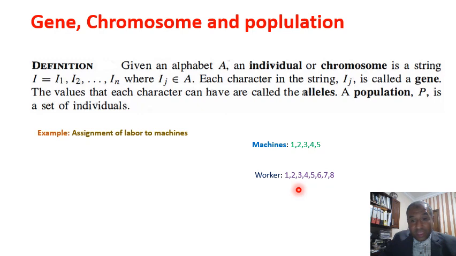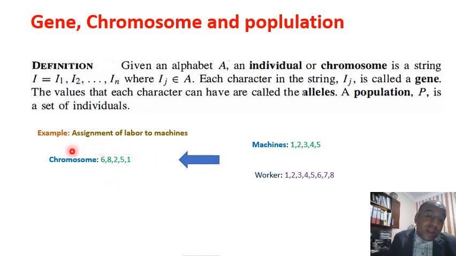As an example, one representation of a solution of assignment of workers to machines is this one, 6. This means that labor number 6 will operate machine number 1 because it is in the first position, and in the second position, labor 8 will operate machine number 2, and labor number 2 will operate the third machine, and so on.